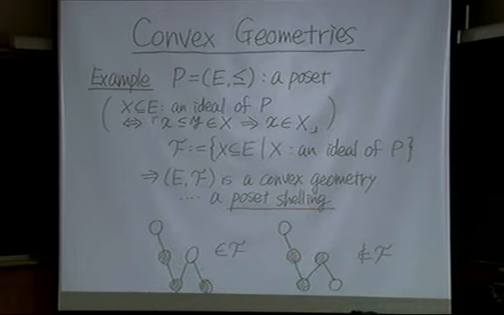So this is a closed set, but this kind of subset is not a closed set, not an ideal, because this element is lower than this element, but not in the set. So these are examples of convex geometries, and convex geometry contains this kind of poset shelling convex geometry. So we can consider convex geometry as a generalization of a partially ordered set in this way.